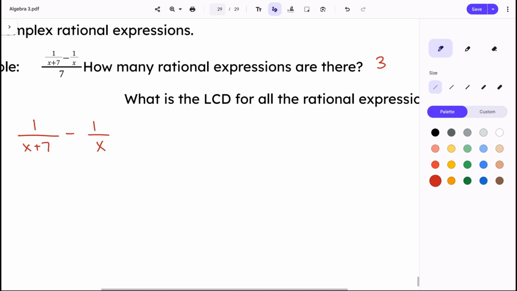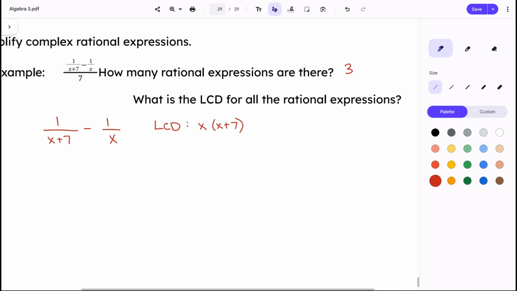So this is like what we were just doing. What would be my LCD for this expression? Good. We need an x and we need an x plus 7. Okay, so let's just handle the top for a minute because I want to try to get this together. So let's take the first half times that LCD and the second fraction times it as well.